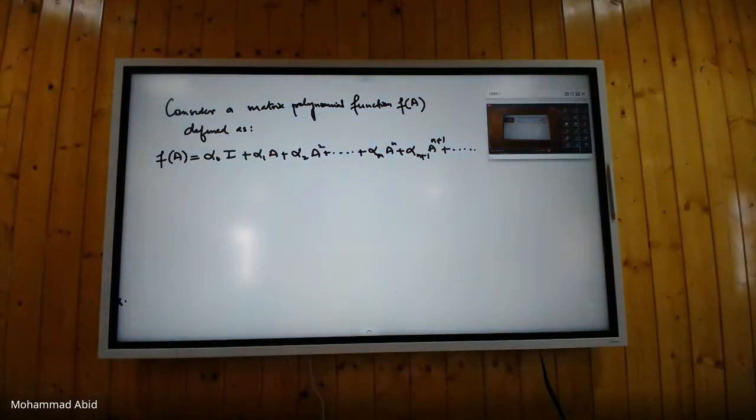We are considering a matrix polynomial function F(A), which is defined like this.